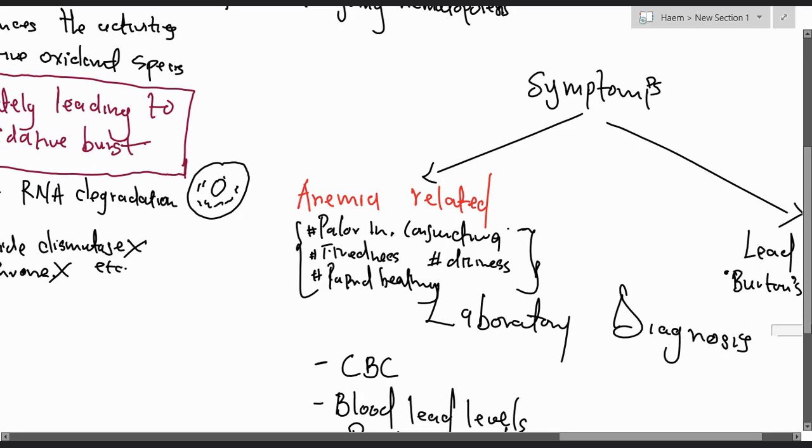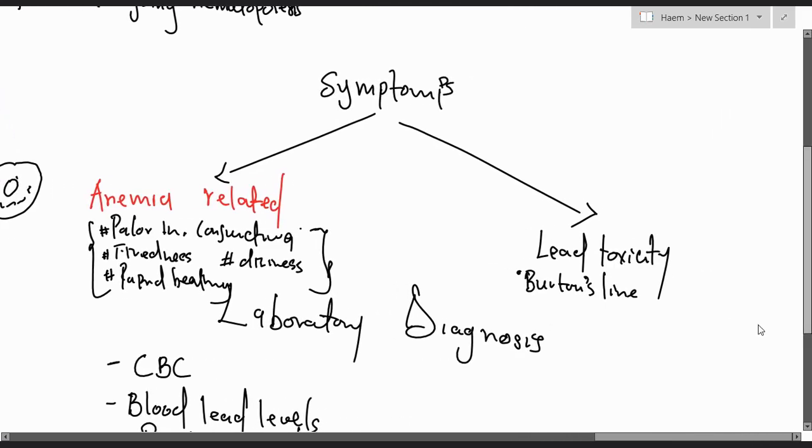And lead poisoning generally can also cause lead toxicity. This lead toxicity is an extreme form of lead poisoning.